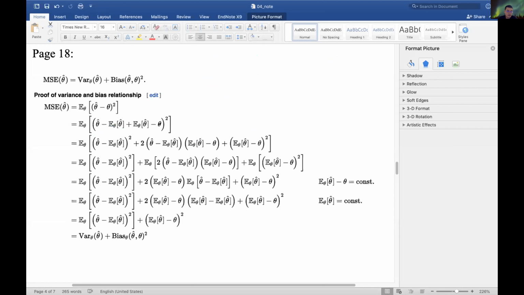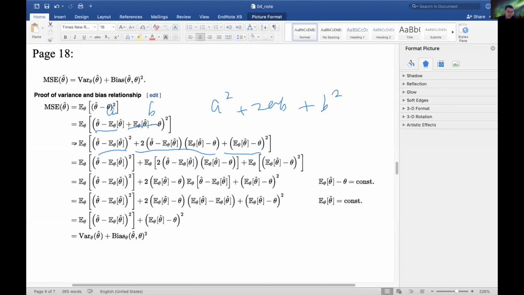Now because we minus something and plus something, we can have this A and this B: A plus B squared is A squared plus 2AB plus B squared. That's what we are doing. The nice thing about this is that then we get the variance.